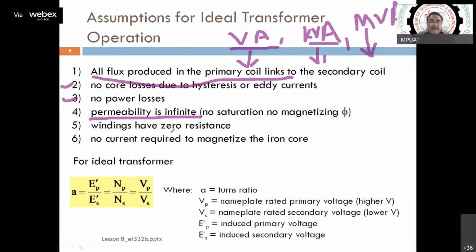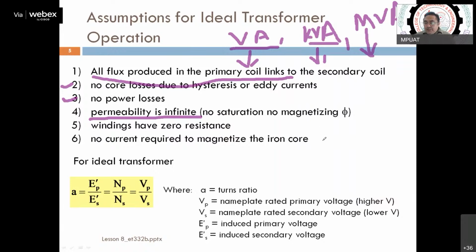Permeability is infinite. What does this mean? That there is no saturation. What happens is that the core of the transformer, which is generally made up of silicon steel, or in some low power devices made up of iron, has one property: up to a particular limit they behave linearly.